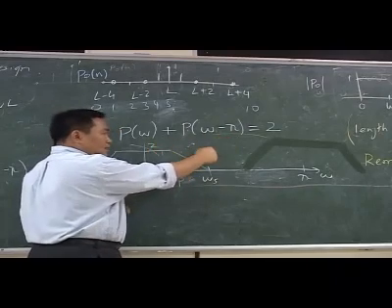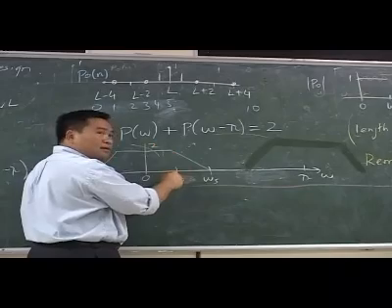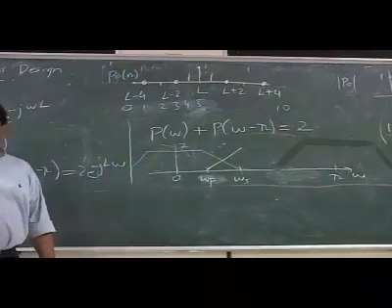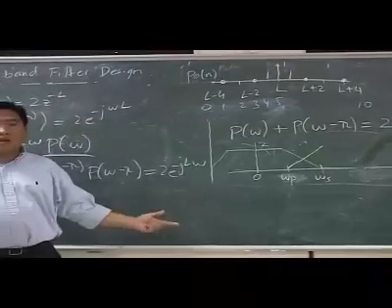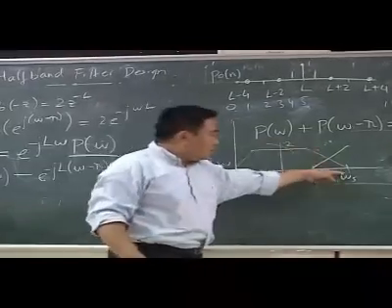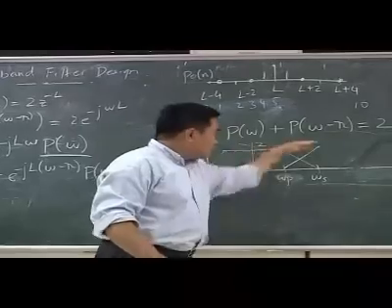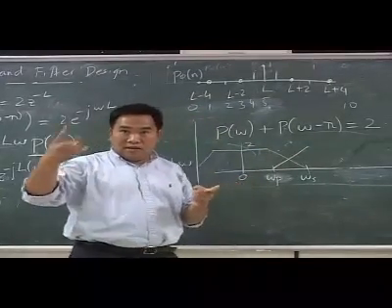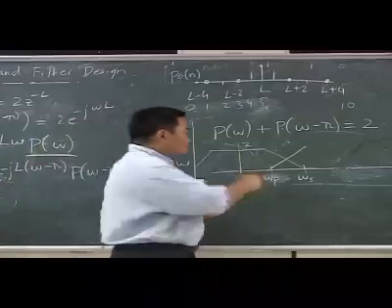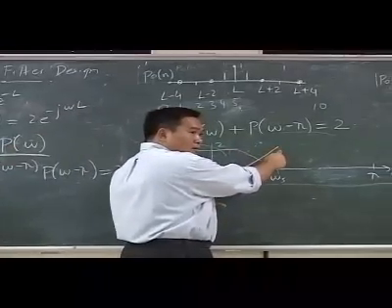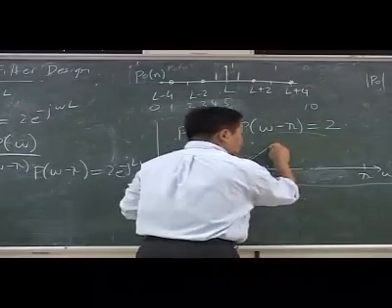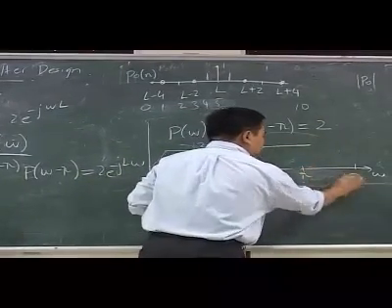If this is 2, what do I get here? 0. Otherwise, there's no way to get a constant. And I see that a straight line gives me a straight line. The sum of two straight lines is a straight line. All you have to do is figure out the endpoint. So you're going to have a constant, and a constant.